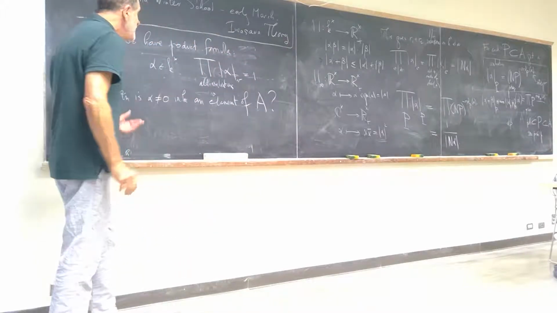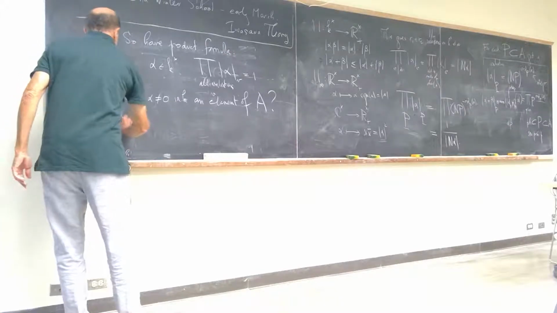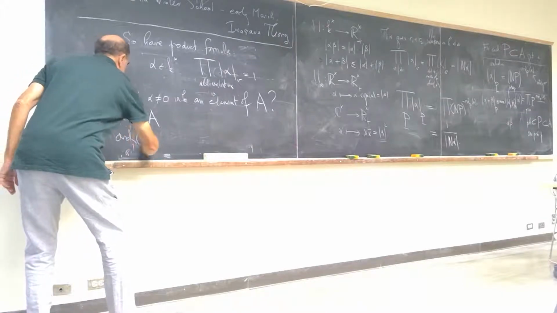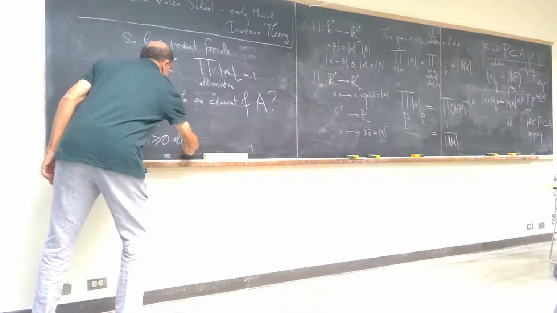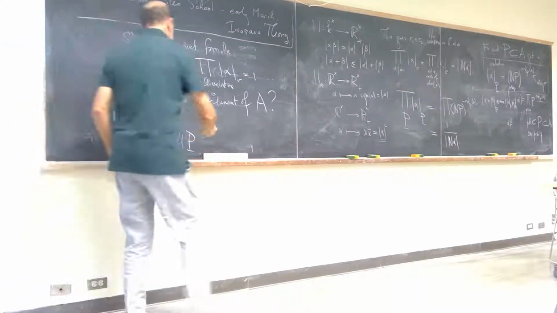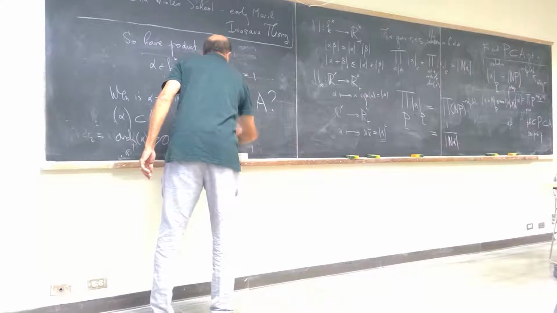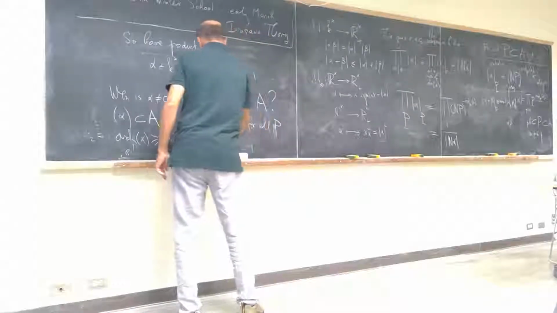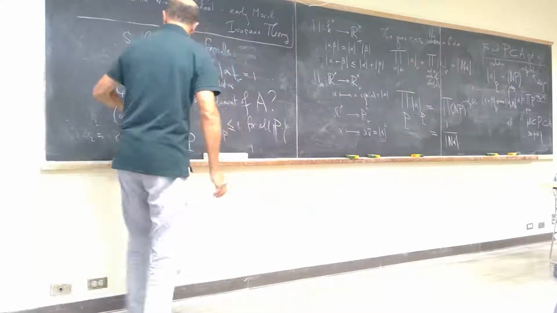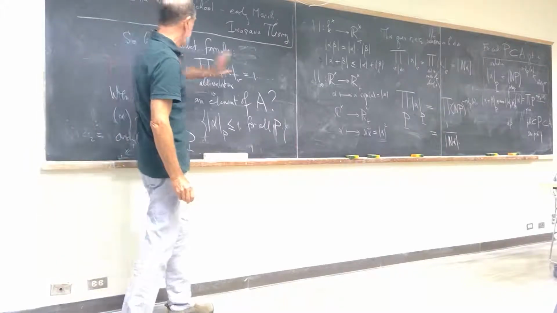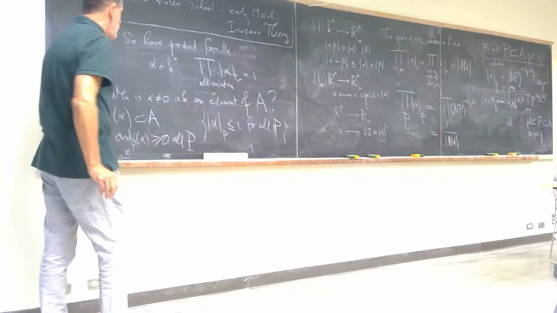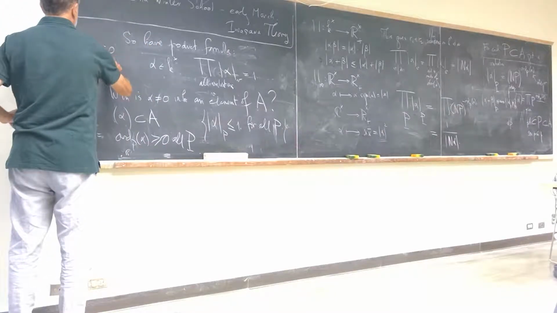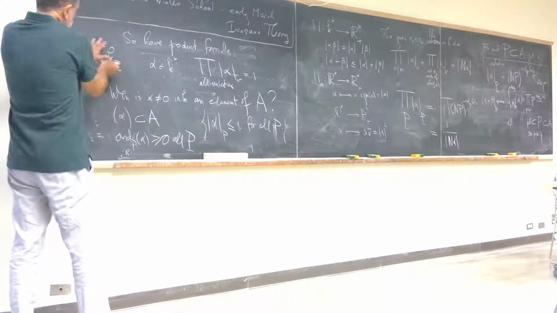Well, that would mean that the ideal generated by alpha is contained in A. So that means that ord_P of alpha is greater than or equal to 0 for all P, which is equivalent to the absolute value of alpha at P less than or equal to 1 for all P. So if you embed the field K inside the product of all the completions at primes P, and you can complete with respect to a valuation, we're going to get into that later, then the ring of integers goes into the unit ball.